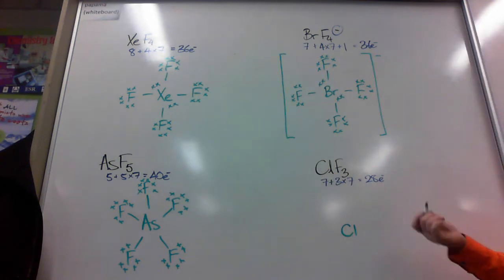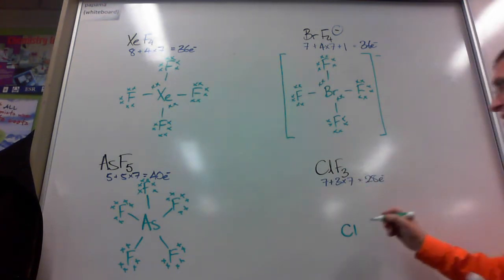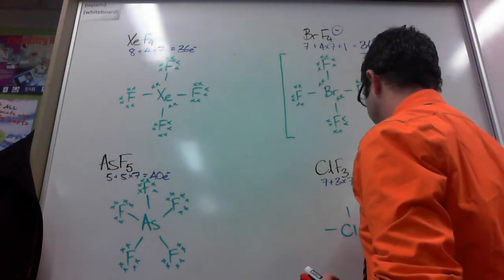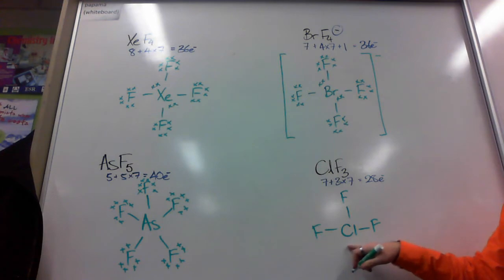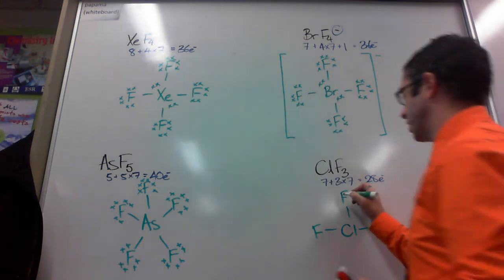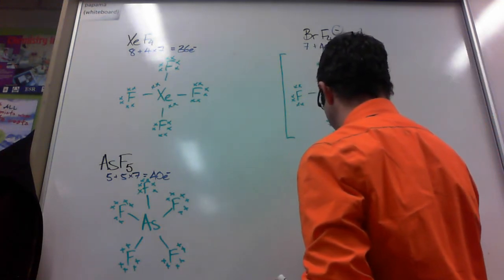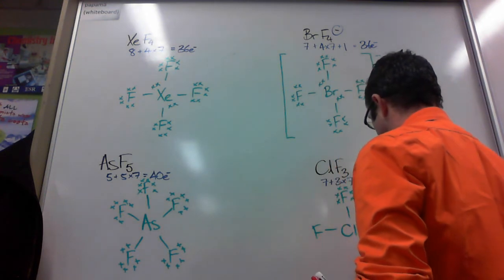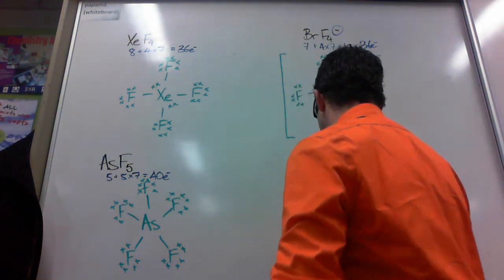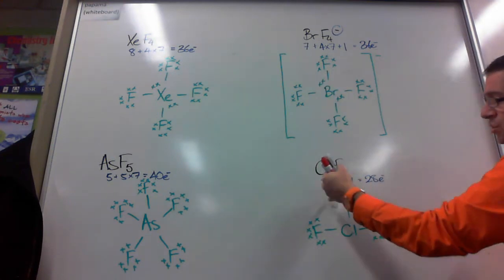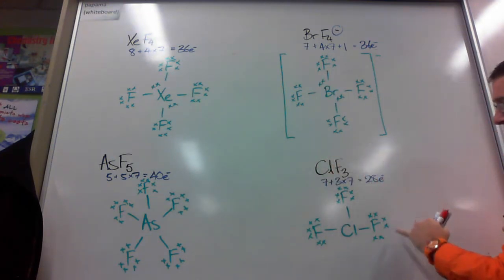And again, I don't know how many lone pairs are going to be there, but we're not going to have any double bonds. So I'm going to put the fluorines like that, expecting there to be a lone pair of electrons down here. Fill in the fluorines' lone pairs. And I've got 2, 4, 6, 8, 10, 12, 14, 16, 18, 20, 22, 24.